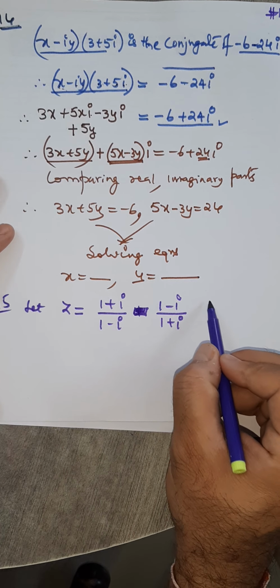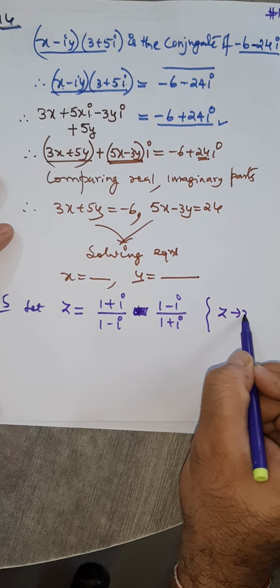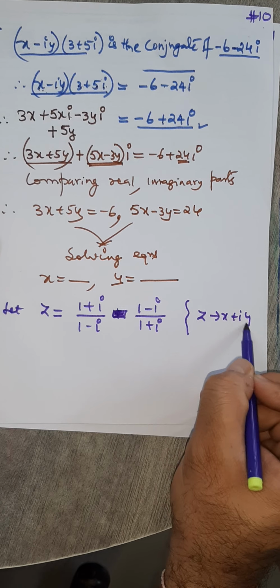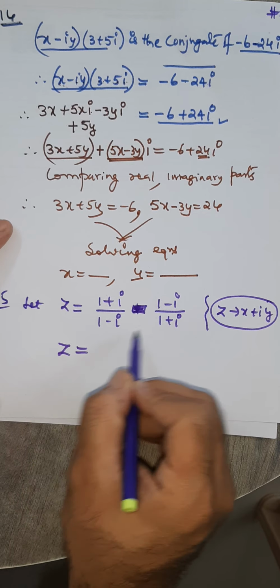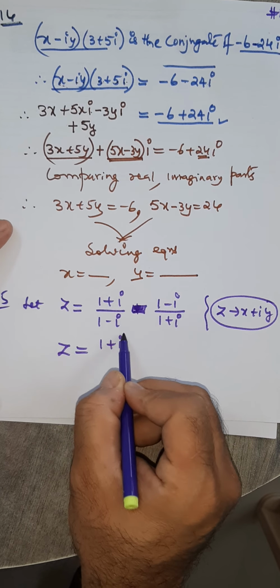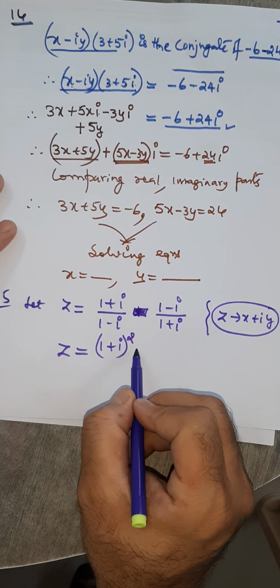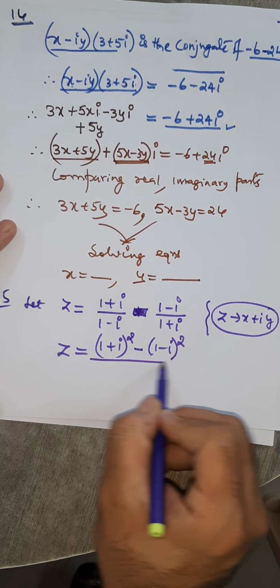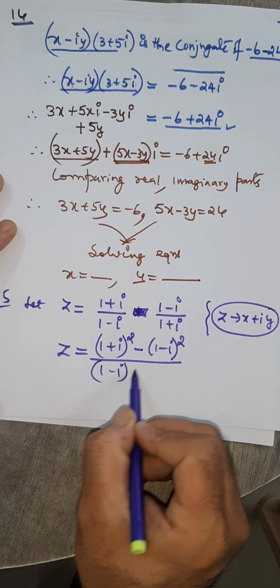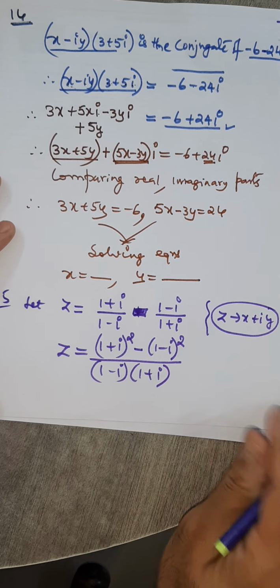Modulus can be obtained only when the complex number is in x plus iota y form. So again simplification and get this form. So z equals to, do the cross multiplication, 1 plus iota square minus 1 minus iota square upon 1 minus iota into 1 plus iota.